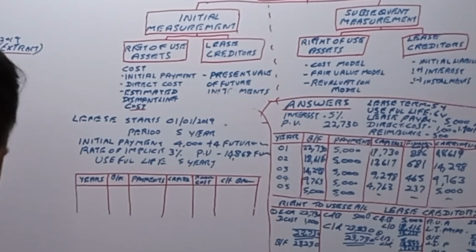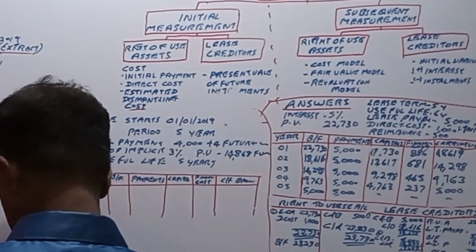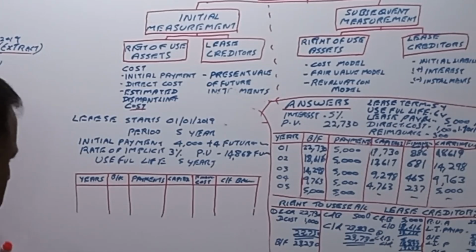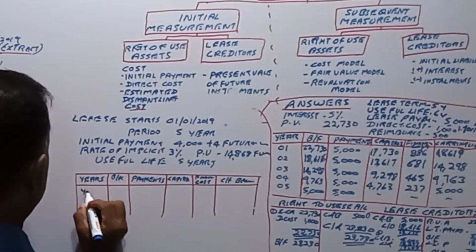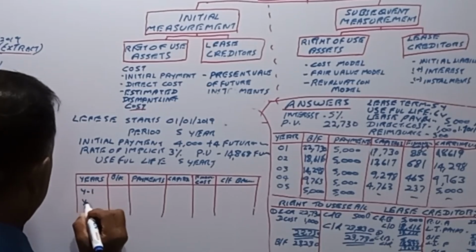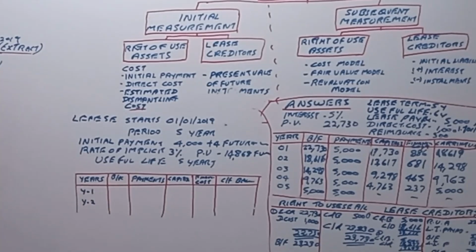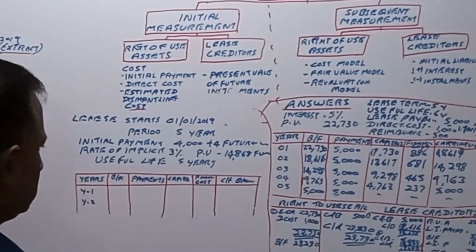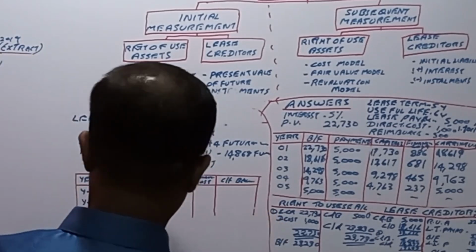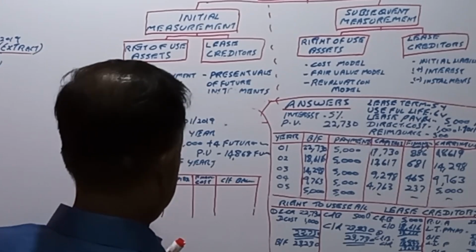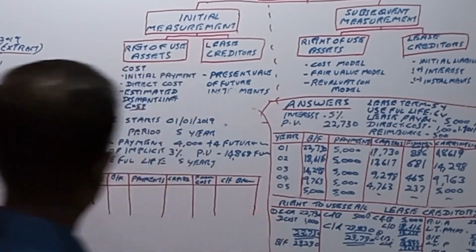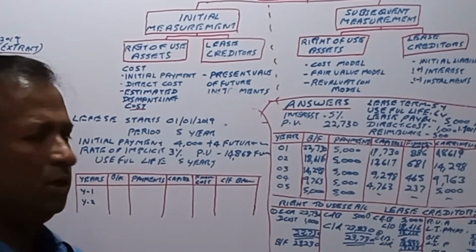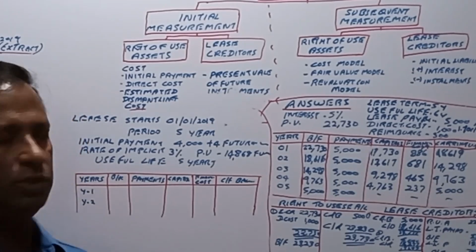They have given year 1 and year 2. You have to read the question carefully to work out the year 1 brought forward balance.